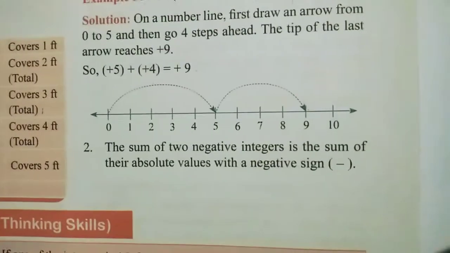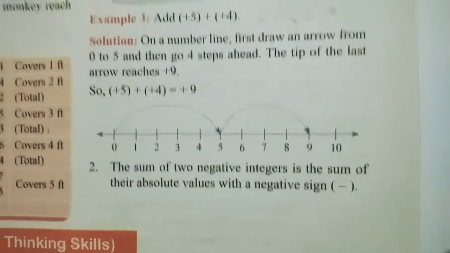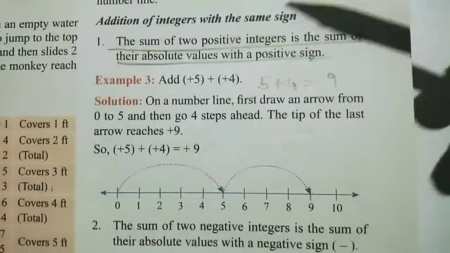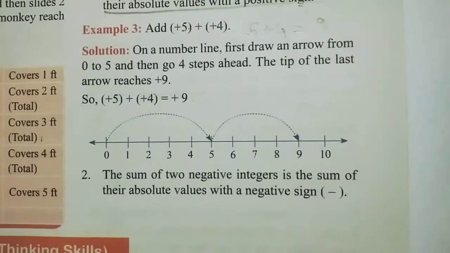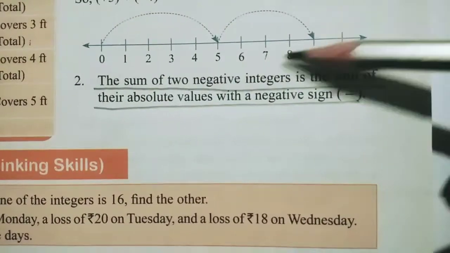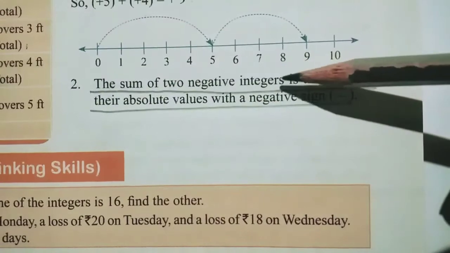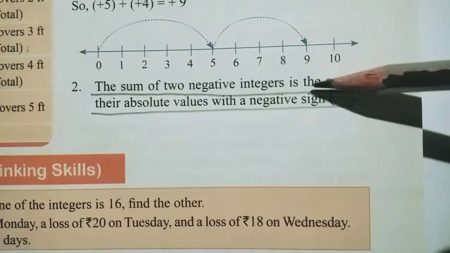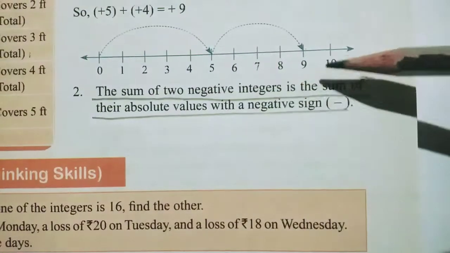Now the next case of addition of integers with the same sign. Now the sign will be what? Minus. See, the sum of two negative integers is the sum of their absolute values with the negative sign.